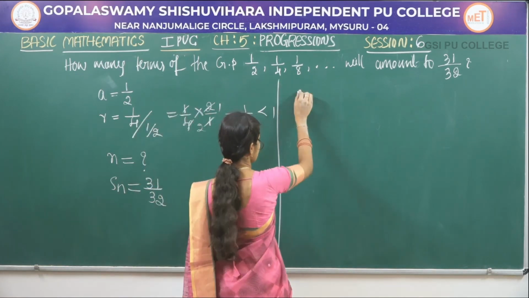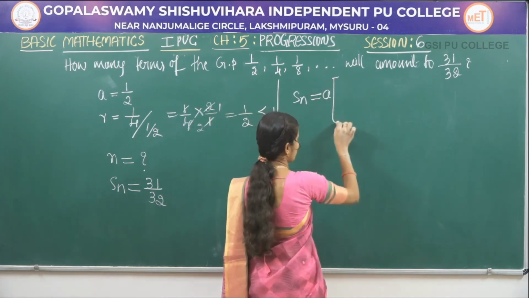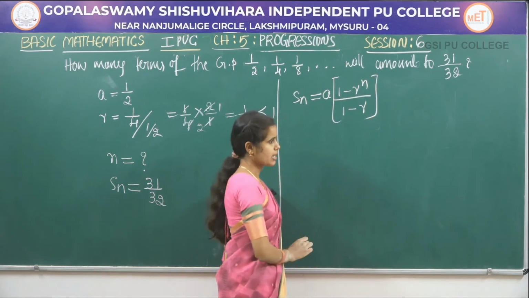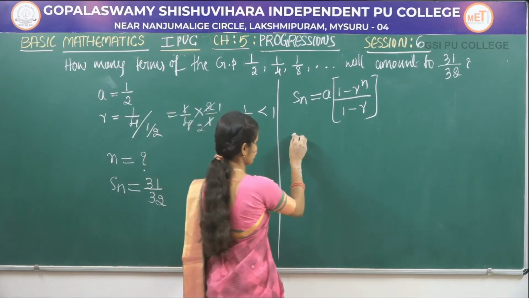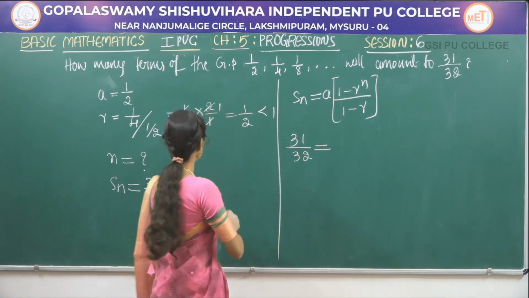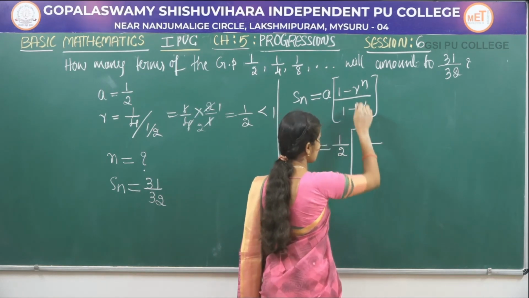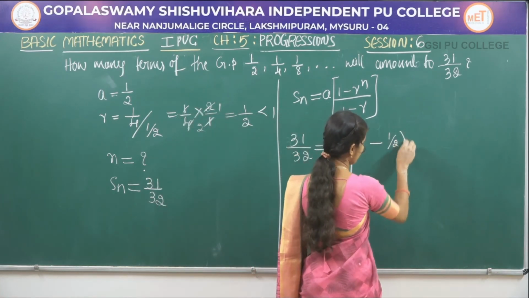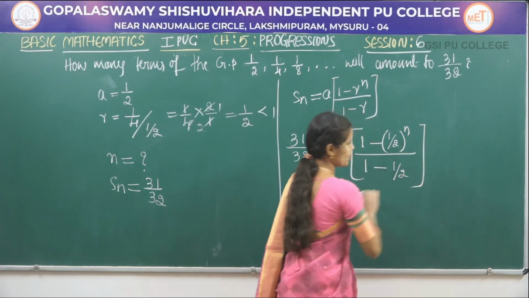Now consider Sn, here R is less than 1. So the formula is A into 1 minus R to the power of n divided by 1 minus R. Sn is 31 divided by 32, A is 1 by 2, R is 1 by 2.